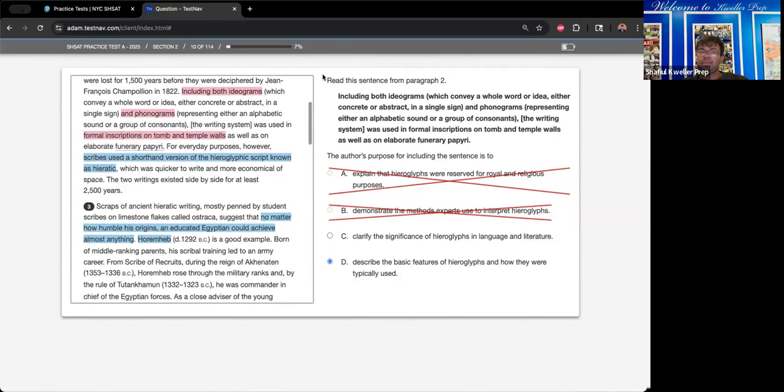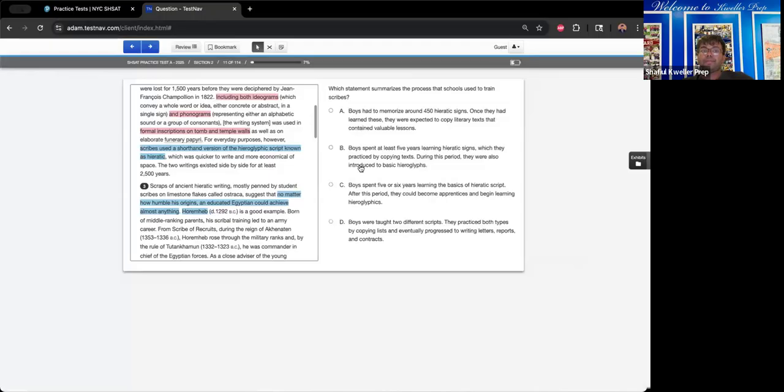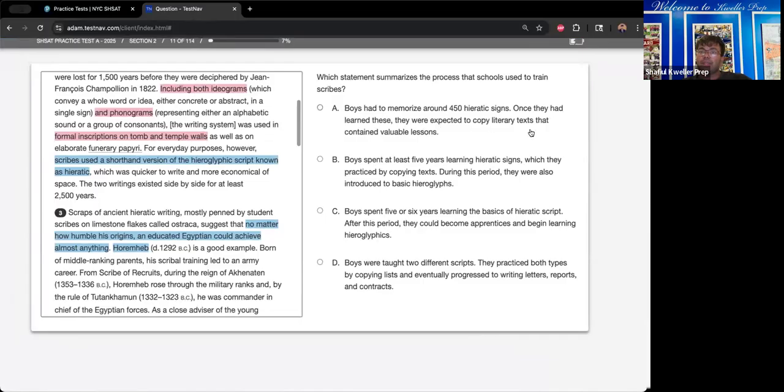Okay, let's go to the next one. Which statement summarizes the process that schools use to train students? Okay. Boys had to memorize 450 hieratic signs. Once they learned these, they were expected to copy literary texts that contained valuable lessons.